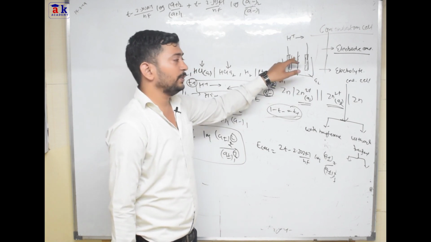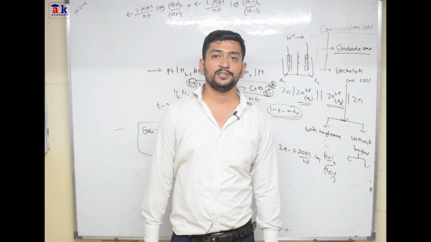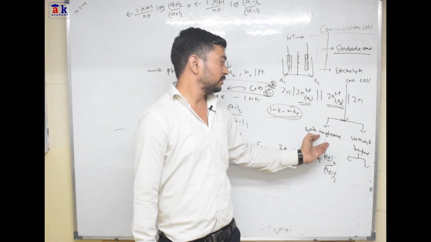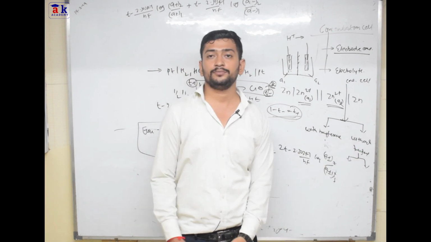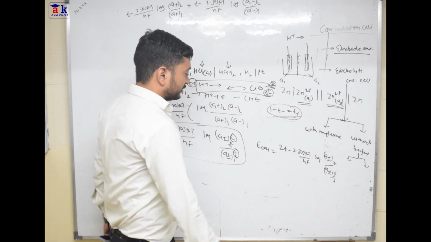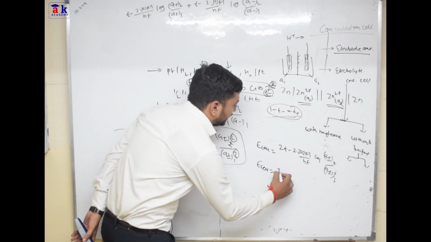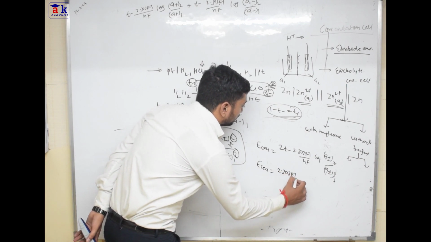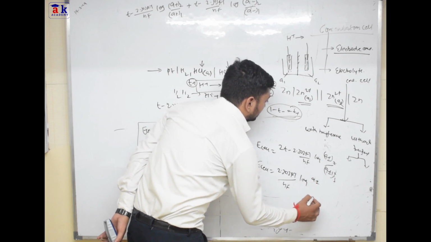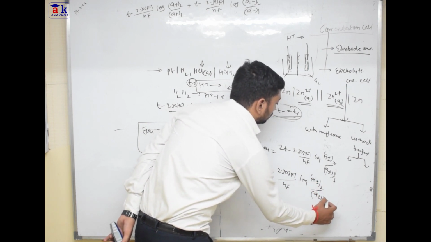But if I put a salt bridge over here, then the liquid junction potential won't be there. So this minus this will give you the liquid junction potential. In this video we have discussed and found that this is equal to 2.303 RT upon NF log A plus minus 2 divided by A plus minus 1.